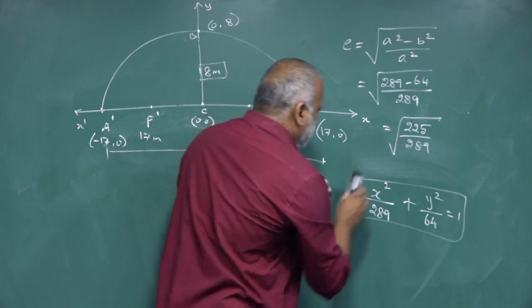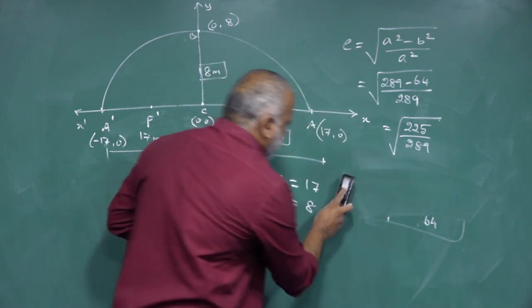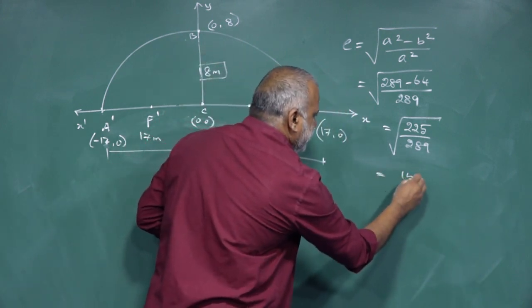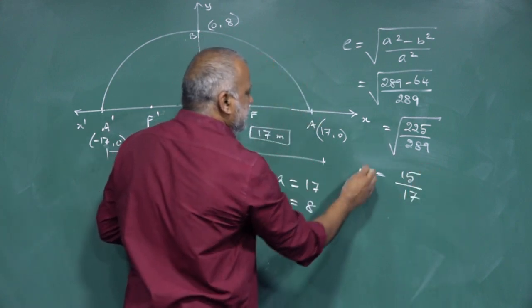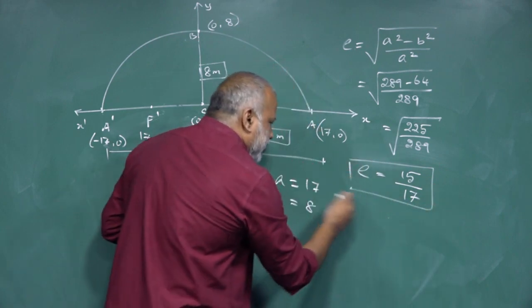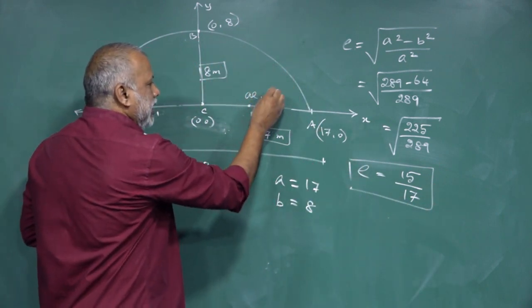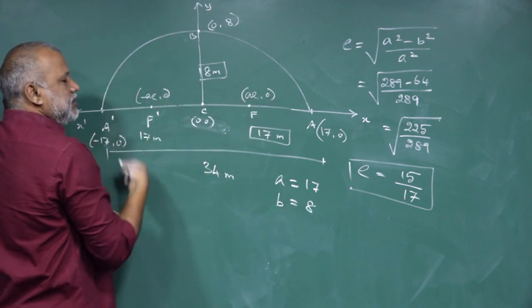So now the value of e equals 225 means 15, divided by 289 means 17. This is the value of e. But we need the focus. The focus is (ae, 0), and F dash must be (-ae, 0).